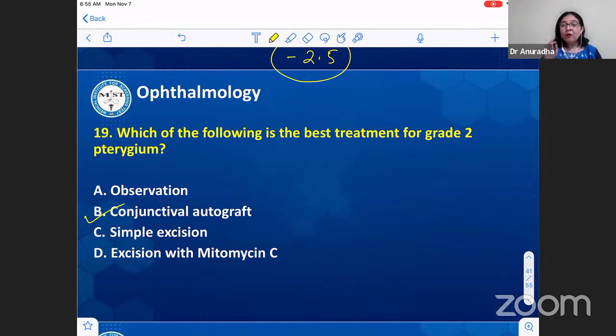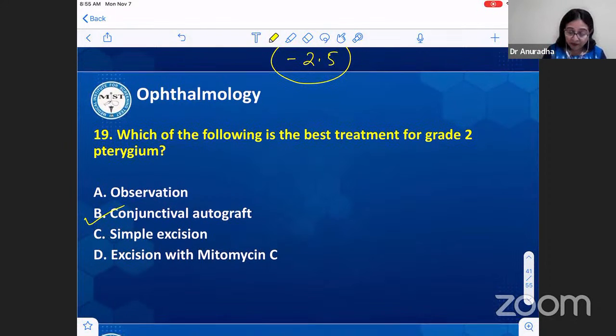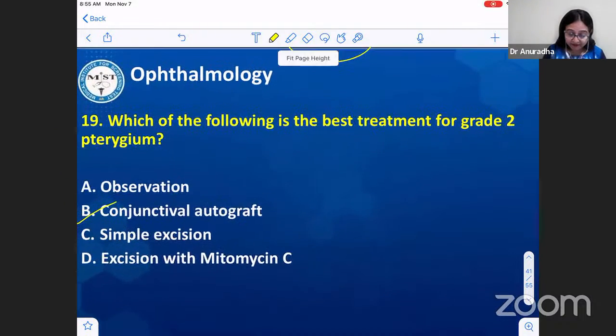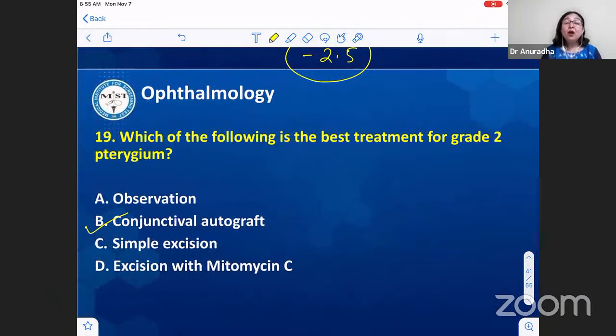Here, beta, I want to clear the doubt. Many people confuse whether they should go for mitomycin or conjunctival autograft. Mitomycin is also one of the choices, but over mitomycin, the conjunctival autograft will be preferred because that has less complications.